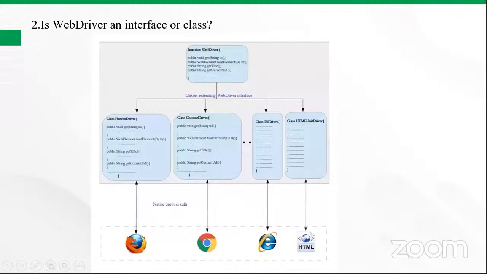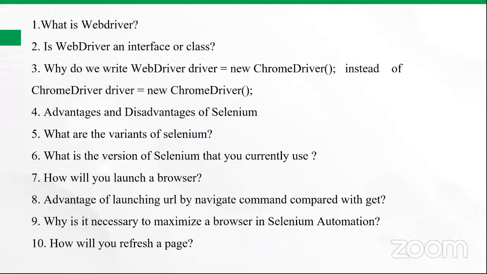Can we go to the next question? Yeah. The next question is, why do we write WebDriver driver = new ChromeDriver instead of ChromeDriver driver = new ChromeDriver? Or the question may be, why don't you write WebDriver driver = new WebDriver?